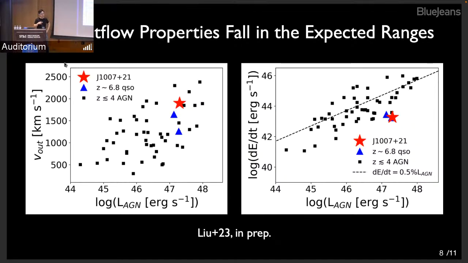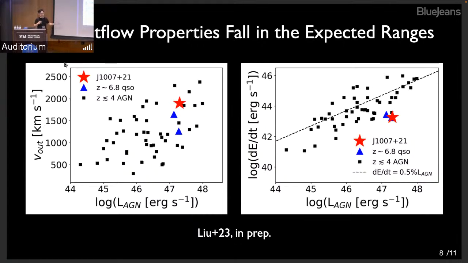The other black data points are from low redshift AGN-driven outflows. And you can easily tell that this object falls in the range of other AGN-driven or quasar-driven outflows at low redshifts. So this supports the idea that the blueshifted and broad emission we see really comes from a fast quasar-driven outflow in the source.